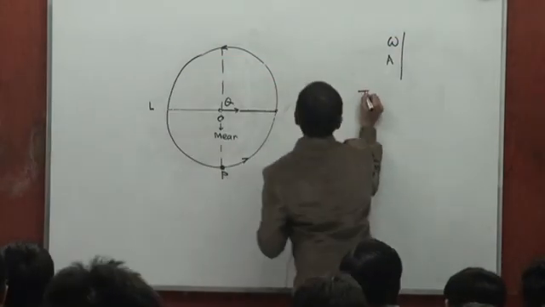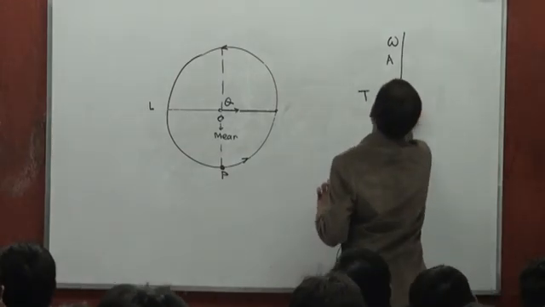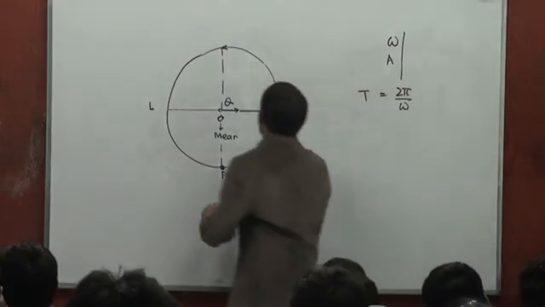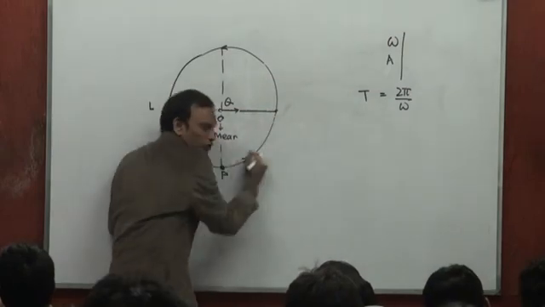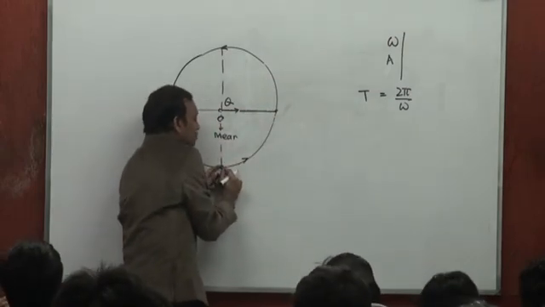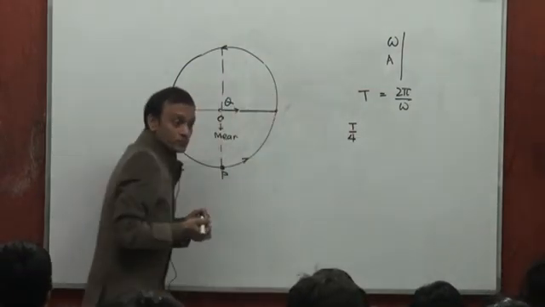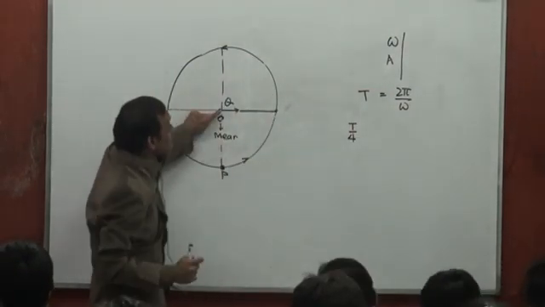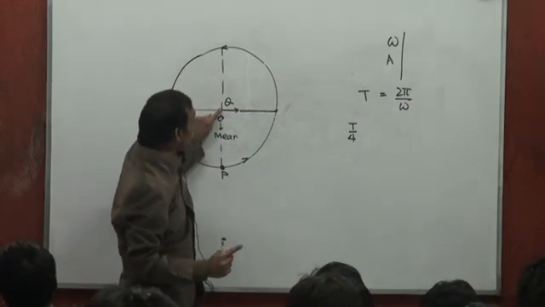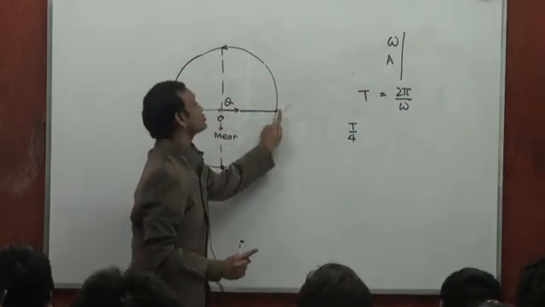And if T is the time period for a full circle, which is like 2 pi by omega, then time taken by P to describe a quarter of a circle is going to be T by 4 seconds.